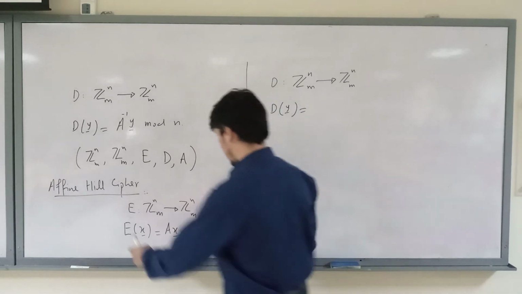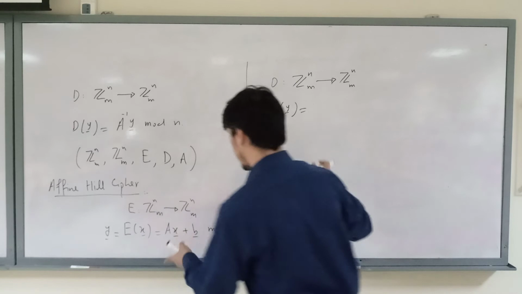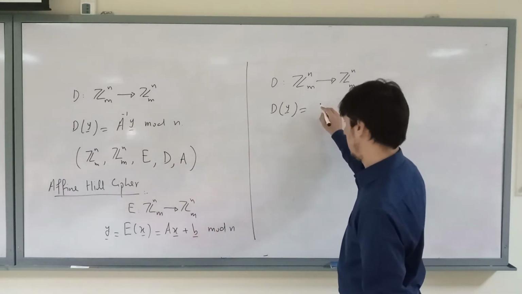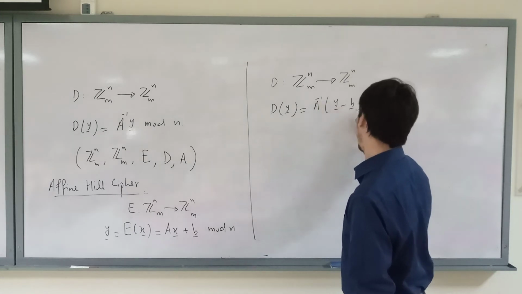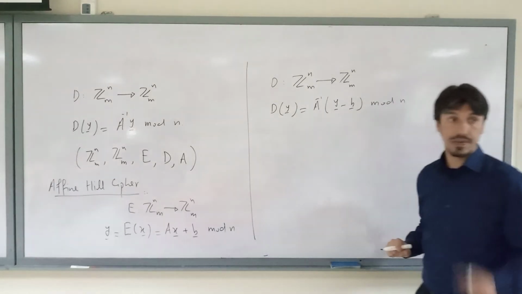If I put this equal to Y, how can you solve this equation for X? This will be A inverse times Y minus B mod N. So this is your decryption function.